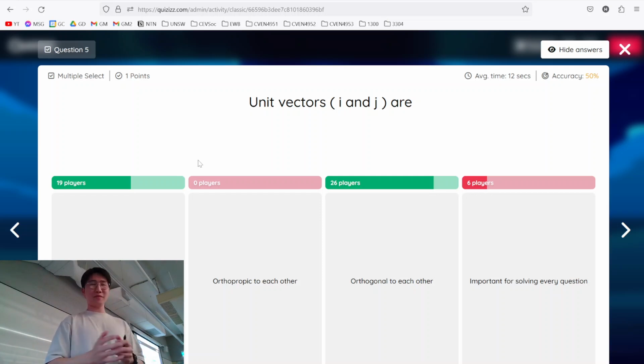So probably the people who got this more correct were the people who've either done engineering studies before or have watched lectures. But unit vectors are kind of like building blocks in certain directions. And what orthogonal means is at right angles. So i and j conventionally are used to denote the x and y directions, respectively.